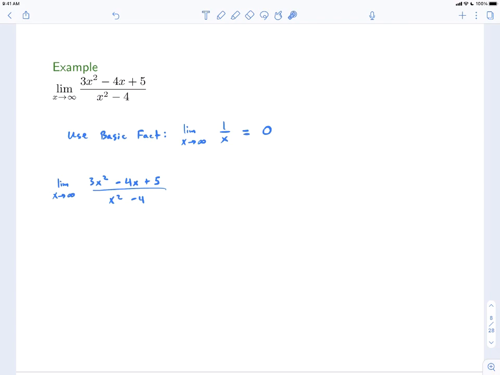So instead we do an algebraic trick, which is that we divide the numerator and the denominator by something. And the thing that you divide by is x to a power. In this case, it's x squared.